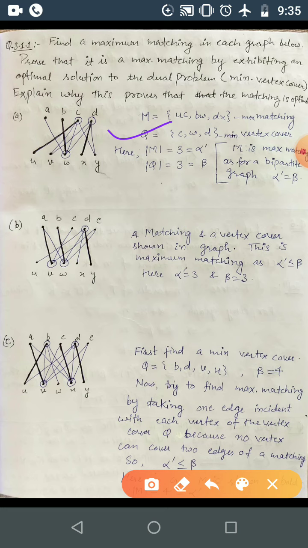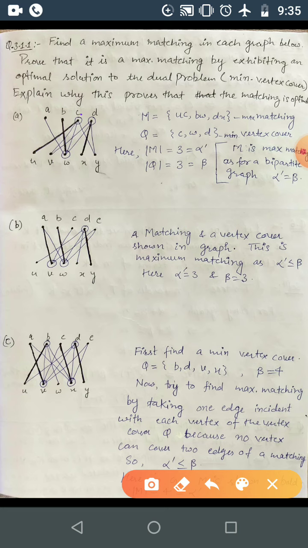What is the cardinality here? 3 vertices are there, so 3 is the minimum vertex cover cardinality, or you can just say beta. So for this graph beta we got 3. As this is a bipartite graph, the maximum matching should also be 3. And how do we get the maximum matching?